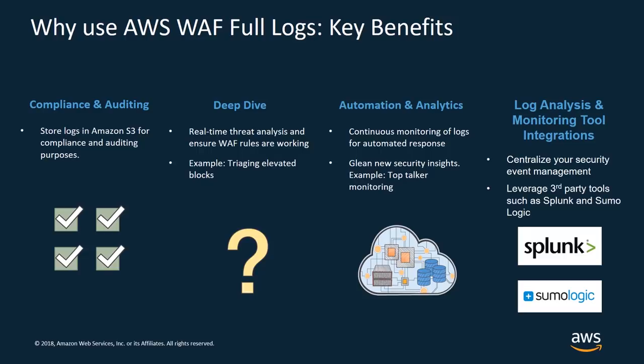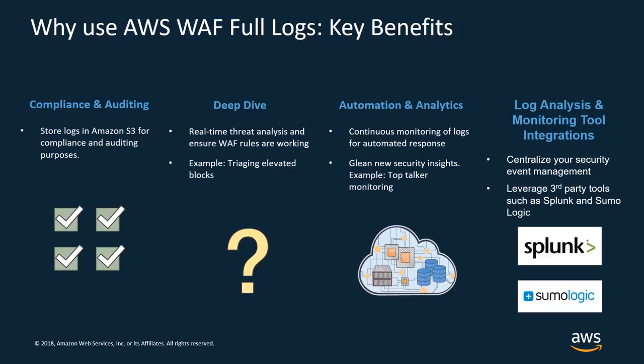But as part of that, they also need to store the logs for a specified period of time for compliance reasons, primarily because maybe they want to audit the WAF logs or events at a later point in time in future. In those cases, you can simply dump the logs into Amazon S3. And Kinesis Data Firehose gives you a really easy way to do that.